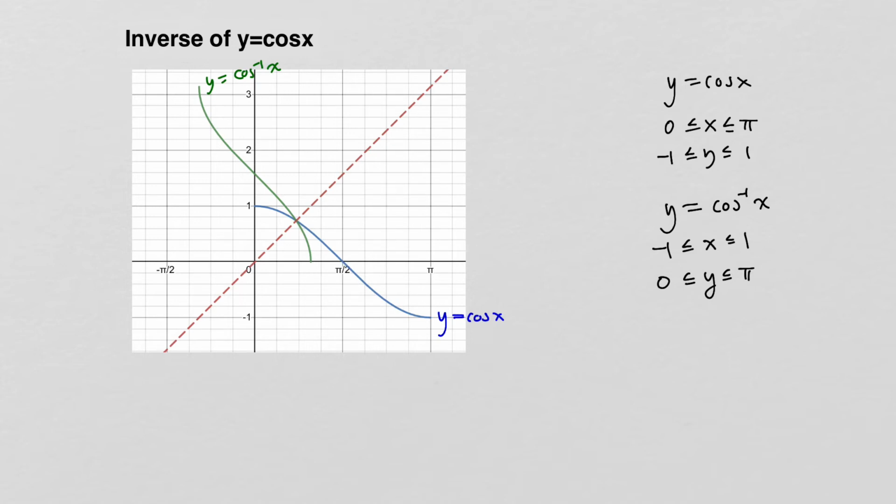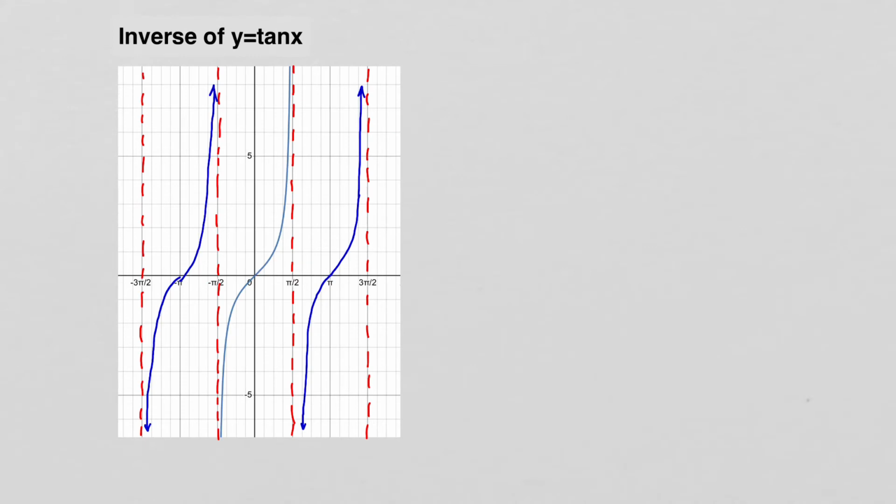Let's take a look at tangent. So here we have the graph of y equals tangent of x. Again, we have the problem that tangent is not a one-to-one function. If you draw a horizontal line, you will intersect the graph of tangent many, many times. So what we do is we just focus in on the part of tangent between -pi/2 and +pi/2, and we simply erase everything else.